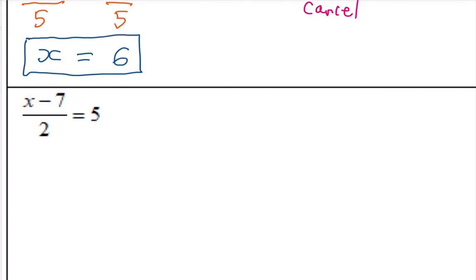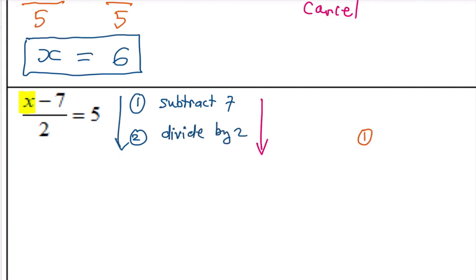So therefore, when I start with my x variable here, the first thing that I have done to it is subtraction by 7, and then afterwards divide by 2. So when we are cancelling it, of course we will first have to multiply by 2. Multiply by 2 on both sides, and therefore this division by 2 is cancelled.